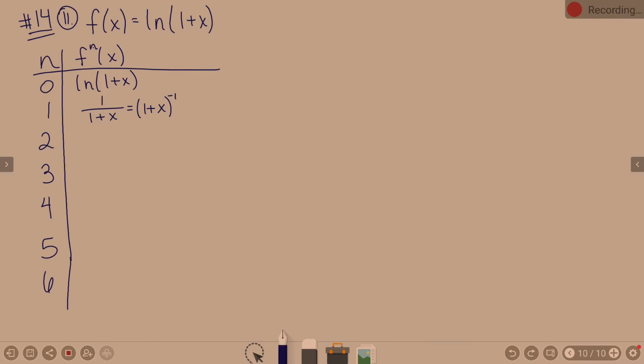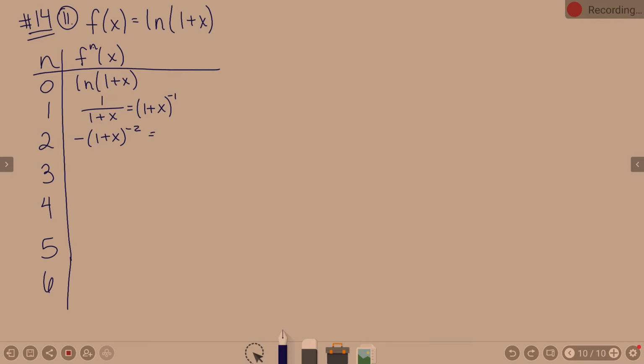The derivative of 1 plus x to the negative 1: multiply by negative 1 out front, so negative 1 plus x, and subtract 1 from the power, so negative 1 minus 1 is negative 2. In other words, what's the derivative of something to the negative 1? Multiply by the power up front, subtract 1 from the power. Officially, it's times the derivative of 1 plus x, but there is no derivative other than 1.